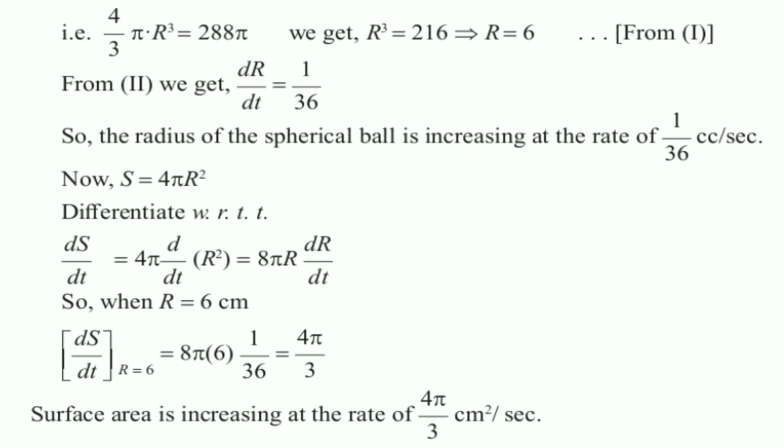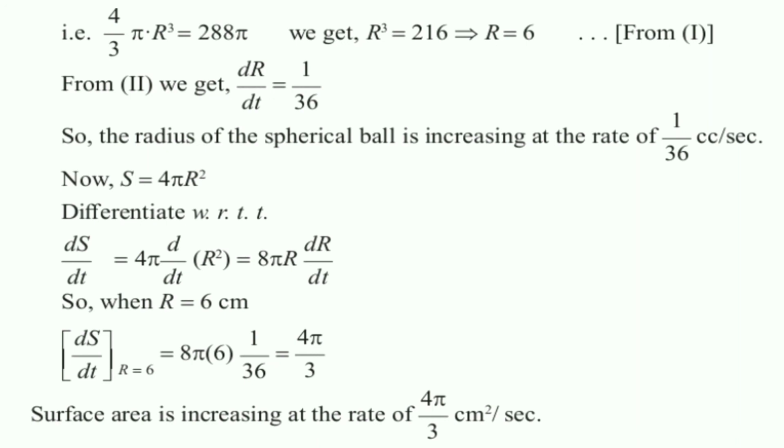Now S equals 4 pi r square. Differentiate with respect to t, we get dS upon dt equals 4 pi into derivative of r square, and derivative of r square is 2r into dr upon dt. After solving, we get 8 pi r into dr upon dt.